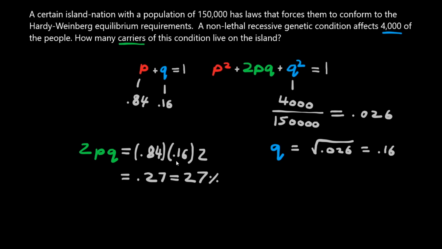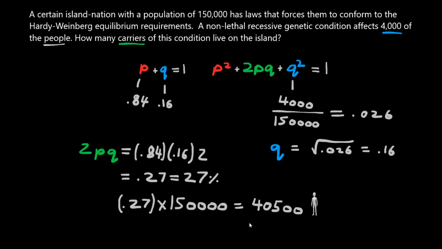Now the question is asking for the number of people that will be the carriers. So we just have to go a step further and actually multiply this by the total population. So 27% multiplied by 150,000 is 40,500. And that's the final answer.